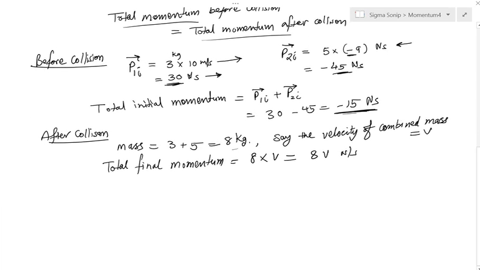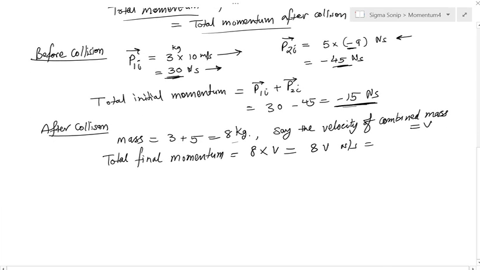Now, this is my pf and this is pi. As per the principle of conservation of momentum, the total initial momentum should be equal to the total final momentum.